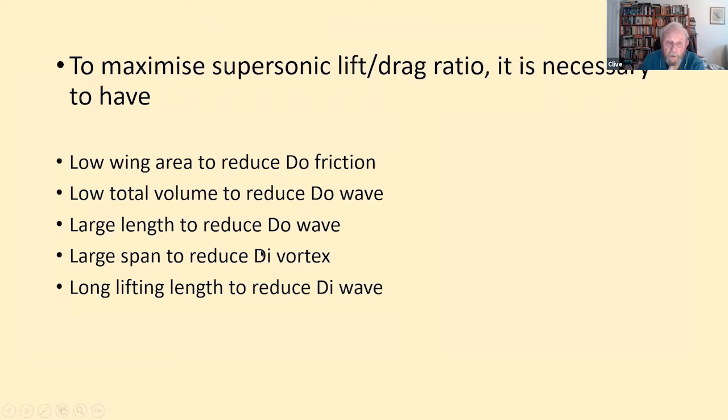You need a long length of the aeroplane, again to reduce the zero lift wave drag. You need a large span to keep the vortex drag down, just like on a subsonic aeroplane. But you also need a long lifting length in order to reduce the wave drag due to lift, all of which, of course, are incompatible in many ways.